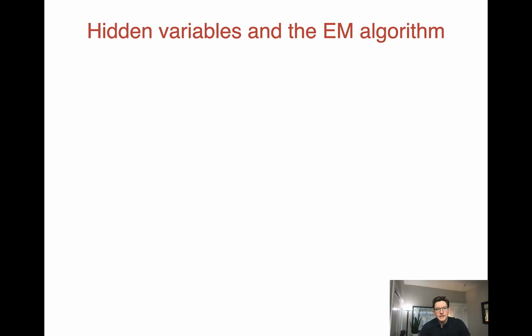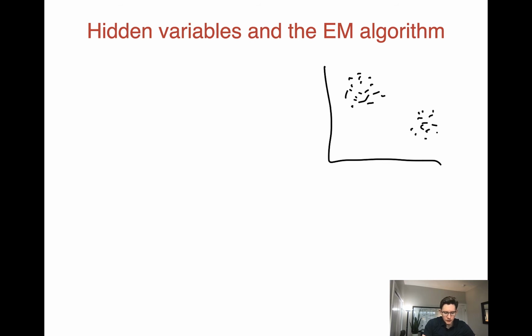One example of this is clustering. So clustering in the case where we have a bunch of points like this, maybe a bunch more points like this, and we're trying to divide the points into some clusters. Okay, how can we pose this as a learning problem? Well, we might do something like this.